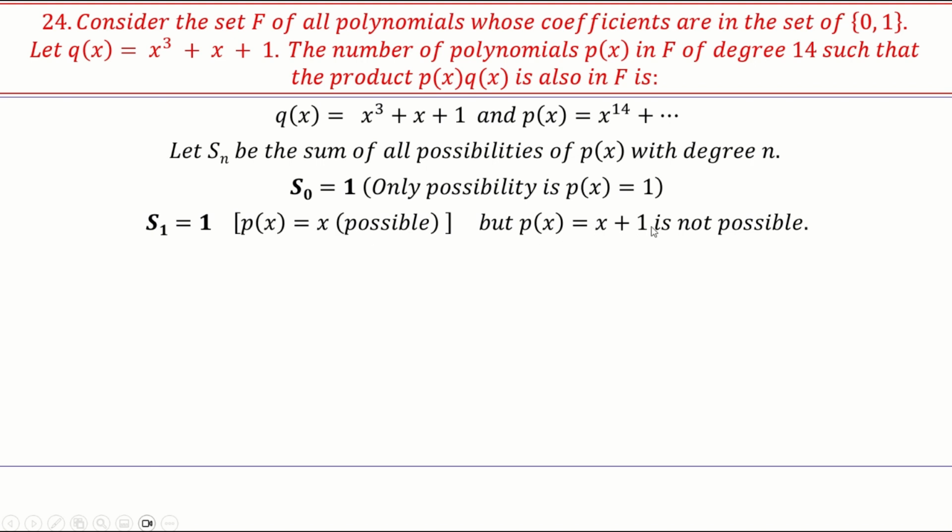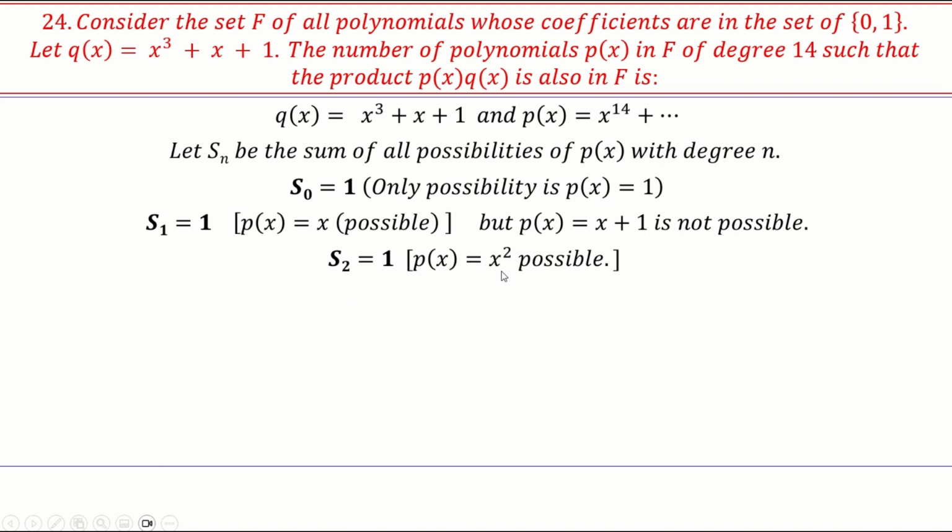But if you take x plus 1, it is not possible. Why? I get an x power 4 here, x square and x. With 1, I get one more x here, 1 into x, one more x I will get, right? So this is not a possible term. So only one option. So S1 is also only one. The sum of possibilities is only one.